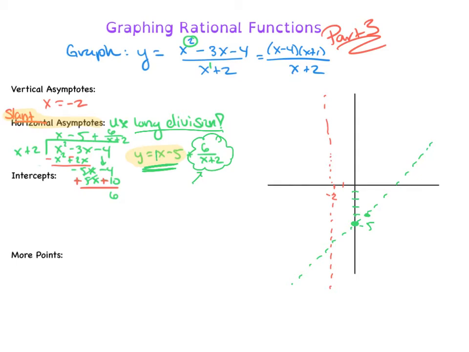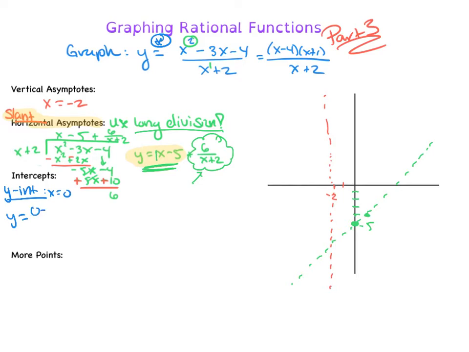So going back to the blue pen, let's see, to find the y-intercept, we're going to let x equals 0. So this would be y equals, I'll plug it into the first part of our function here.